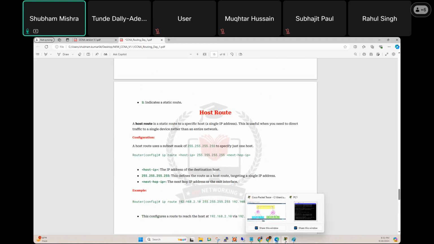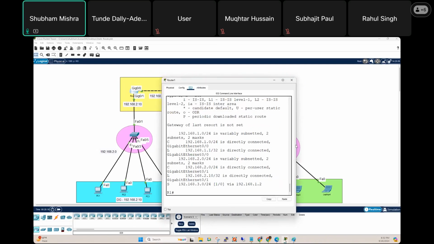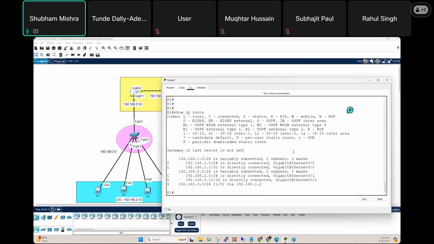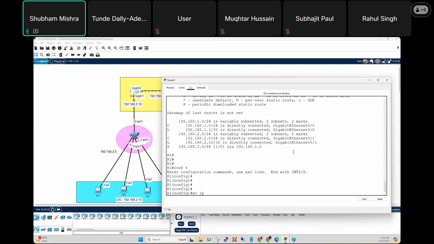So before configuring host route, let me remove it first. How can I remove? I hope you guys now know. What is the command? No IP route. Just press the upper arrow. When you press the upper arrow, you will get the command you configured, right? So this is the command I configured. Yes or no?